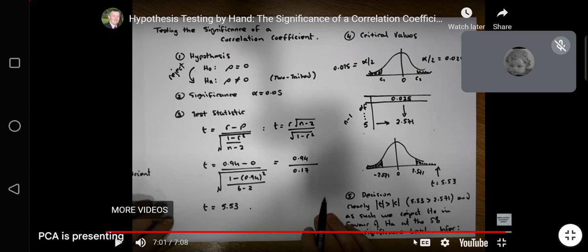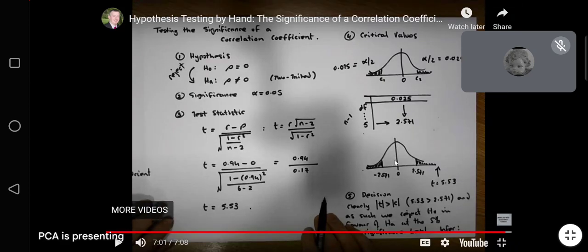And then you see this unshaded area, that is actually the critical value. Those are the critical values, the extreme range of critical values: negative 2.571 up to 2.571.